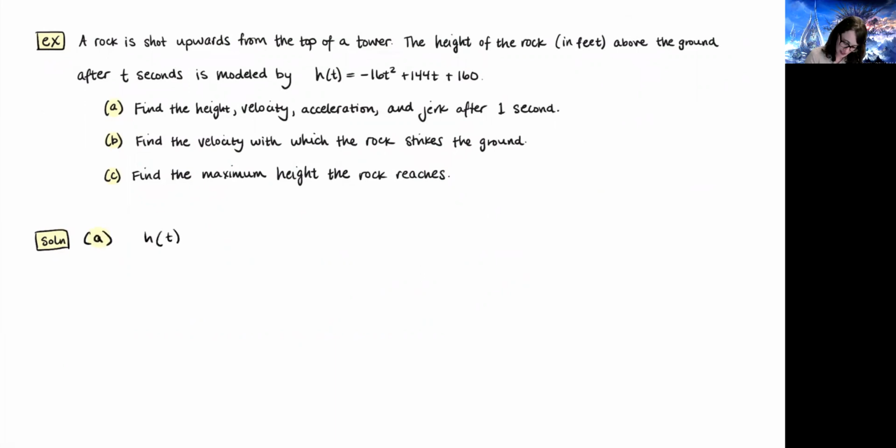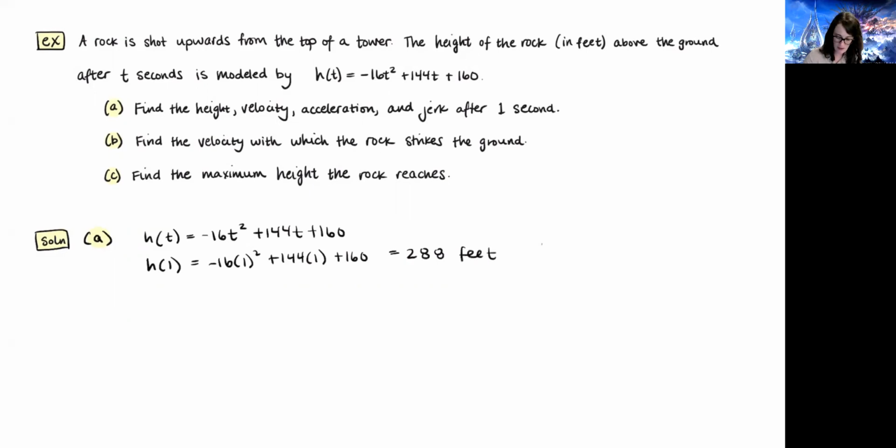If h of t is negative 16 t squared plus 144 t plus 160, if we plug a 1 in for t, then that will just give us the height of the rock after 1 second. So when you calculate this out, it turns out to be 288 feet. Again, this is height at 1 second.